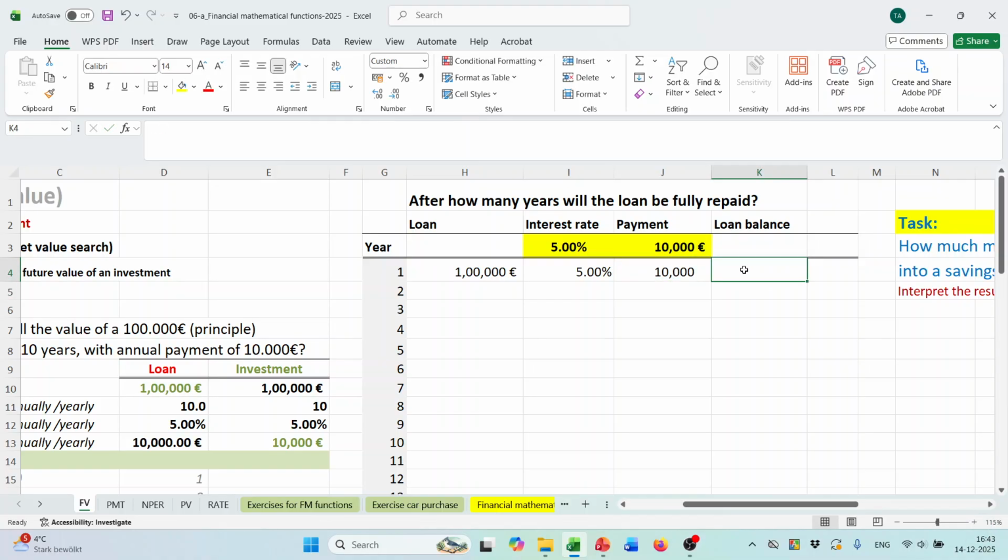Now the loan balance. When we calculate the loan balance, we must remember that first we need to calculate the amount of loan and the interest.